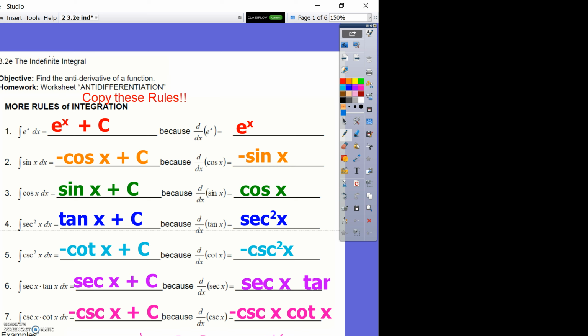Number 10, I recommend multiplying it out first and then separating. X to the 4th times 2x cubed is 2x to the 7th plus, and then with any kind of variable in the denominator, you want to move it to the numerator and make that exponent negative.